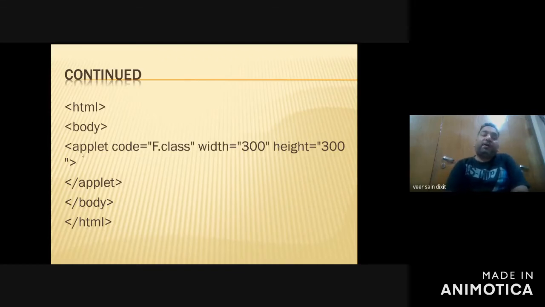Then you will close the applet code and then body. So on the applet, a message will be printed, hi. Then you will close the body part, you will close the HTML part. So in this way, within the HTML, you are embedding your Java bytecode.